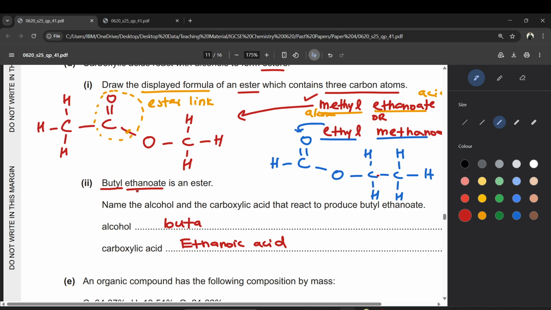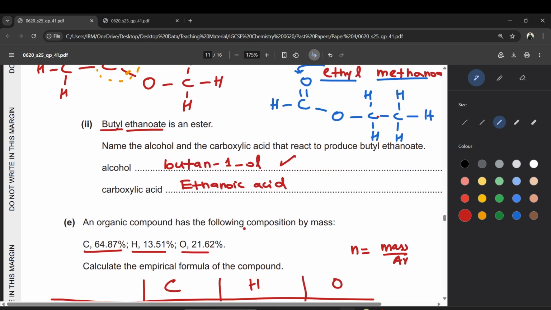Because this is butyl ethanoate, this one is going to be butan-1-ol, because your ester is going to be from the first carbon. Therefore that is the isomer that we use.